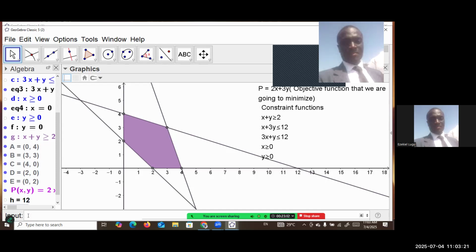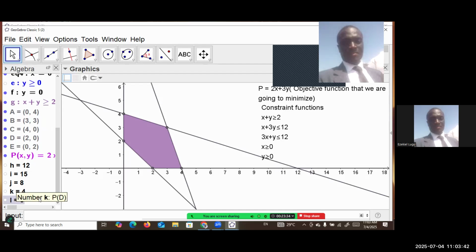Then P of C, P of D, then P up to point E. You can see that these are all the values of the function at each of the intersected points.